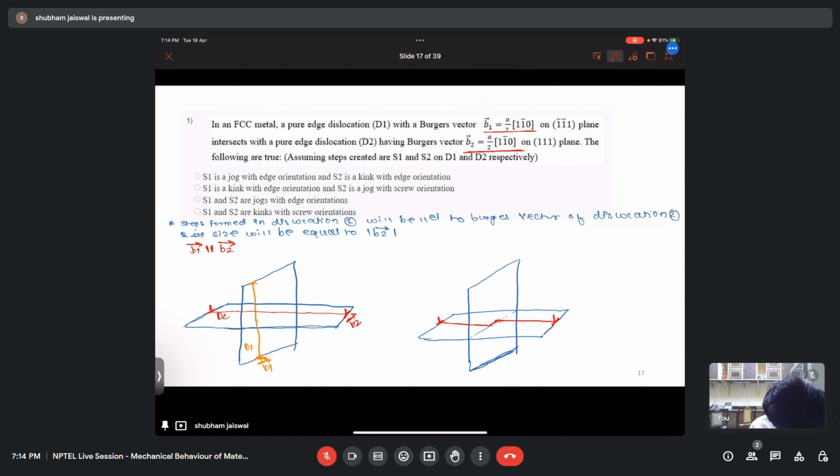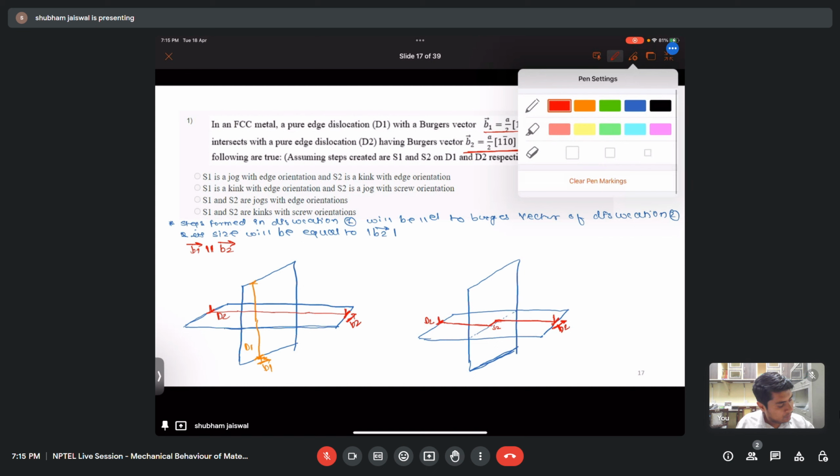Okay. So this is dislocation D2. This is segment S2, and this is the direction of Burgess vector B2. Similarly, the second dislocation D2 will create a step in dislocation D1 in the direction of B2.